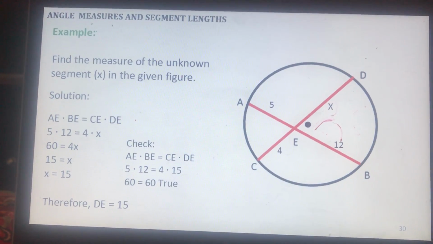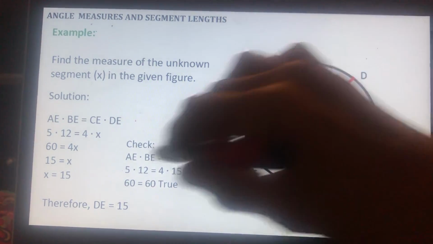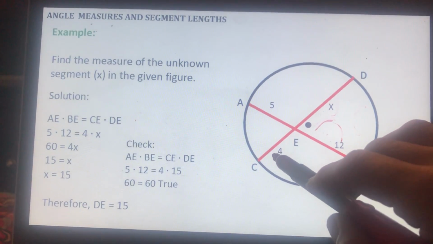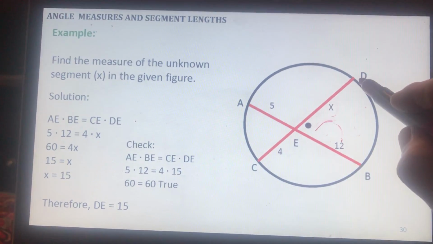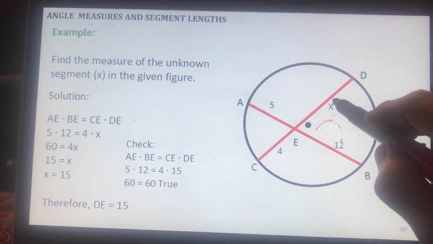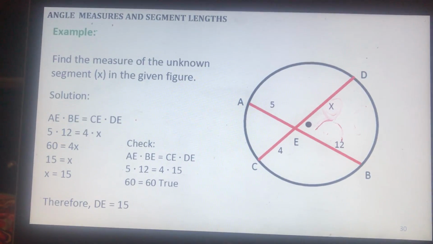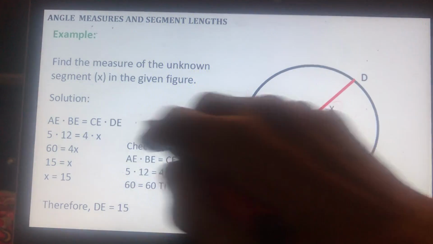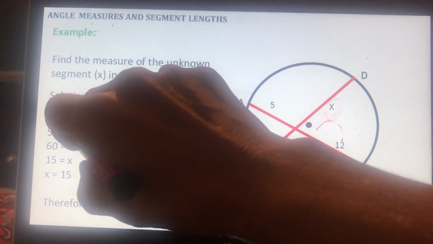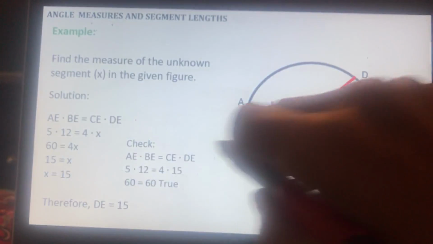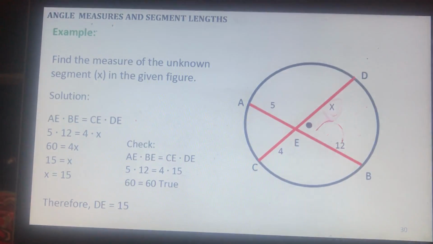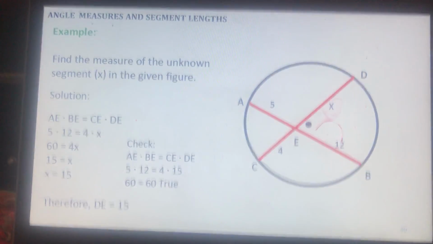The distance from B to E is equal to 12. That's going to be equal to the distance from C to E, which is 4, and the distance from D to E, which is our unknown variable X. So here we set up our equation: 5 times 12 equals 4 times X. 5 times 12 is 60, and 4 times X equals 4X.